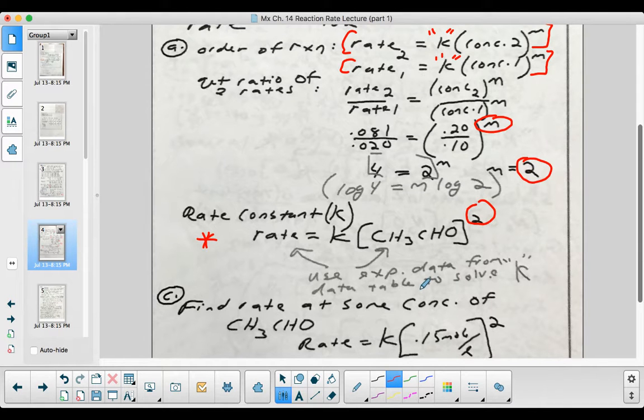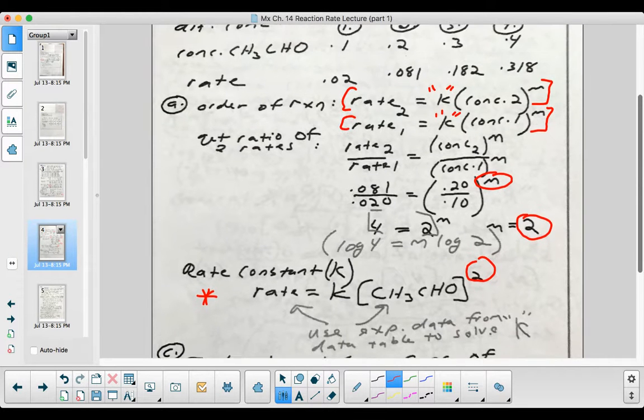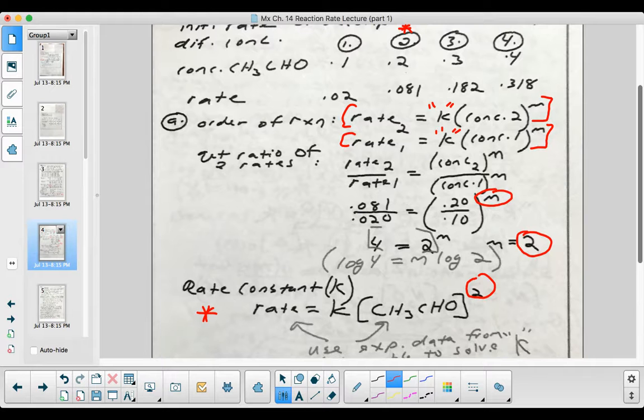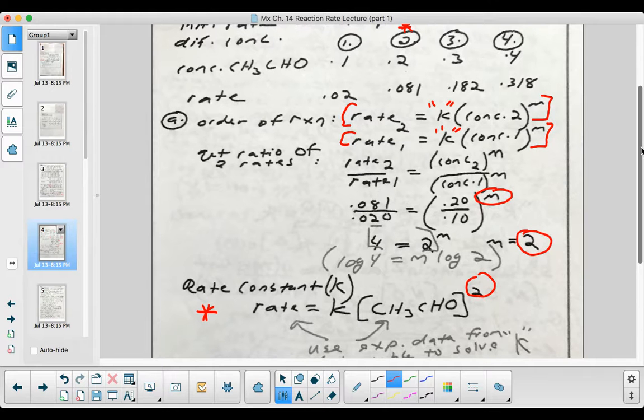Okay, so now what you do is you just go back to your experiment and use experimental data to solve for the K. So let's look at that for a minute. So what am I going to do? I'm going to pick one of my experiments to use. So I'm going to pick the first one. And I'm going to say the rate is 0.02.